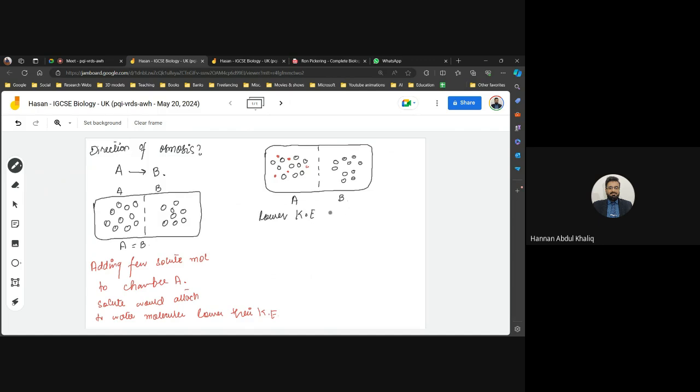Lower kinetic energy means lower water potential.